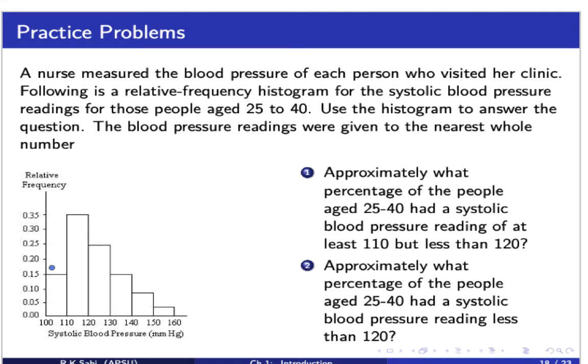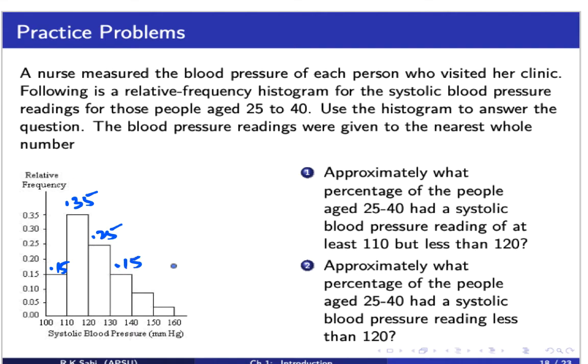So 0.15 or 15% of all the persons who visited her clinic had a systolic blood pressure between 100 and 110. You can write down all the values. Between 110 and 120 was 0.35. 120 to 130 is 0.25. Then 130 to 140 is again 0.15.